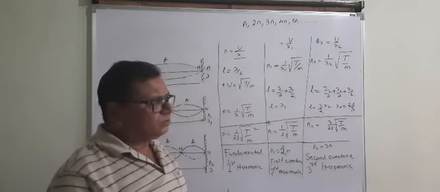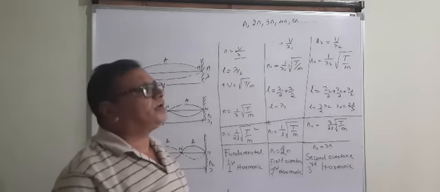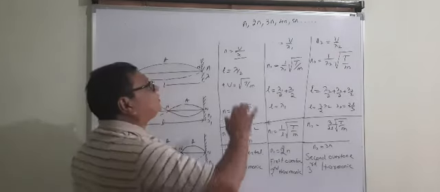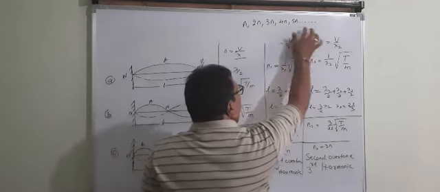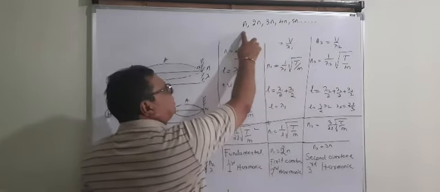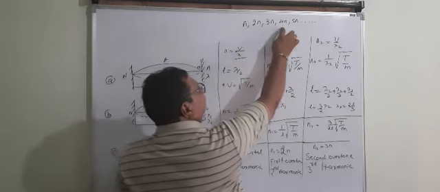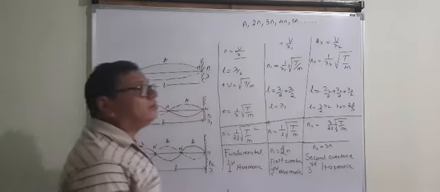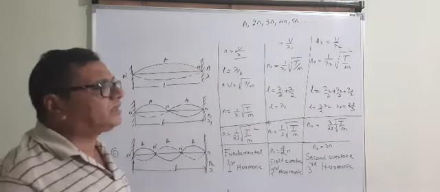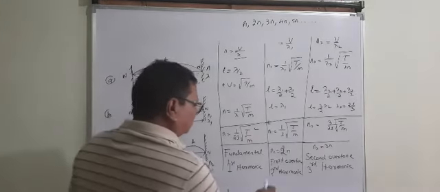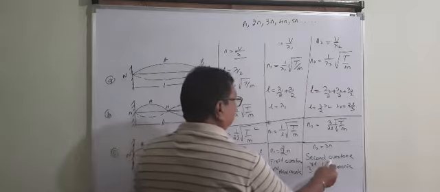So, what do we conclude? We conclude that frequencies produced are integral multiples of fundamental frequency. If n is the fundamental frequency, next frequencies are 2n, 3n, 4n, 5n. And second, overtones: first overtone, second overtone.